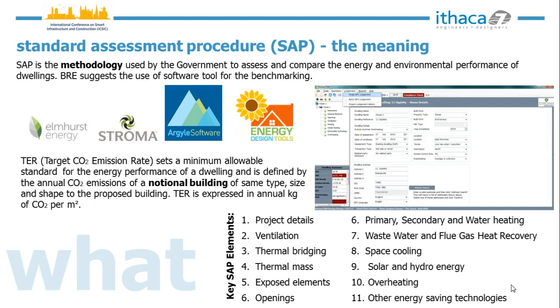So what is SAP? BRE, as we said, established SAP with the government. It suggests using a piece of software, like a point system, which has some key elements, as you can see: ventilation, thermal bridging, openings, space cooling, overheating, etc. And depending on what kind of system you use, you get closer to zero carbon, or closer to your target according to your planning permission.